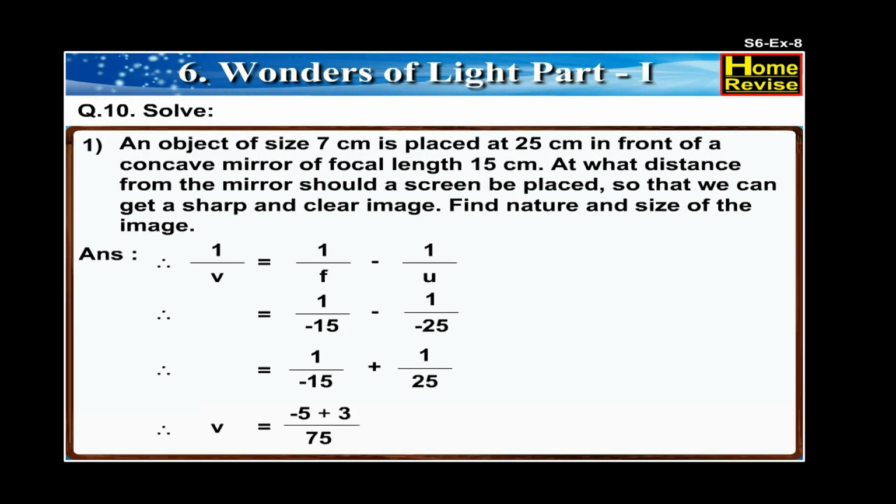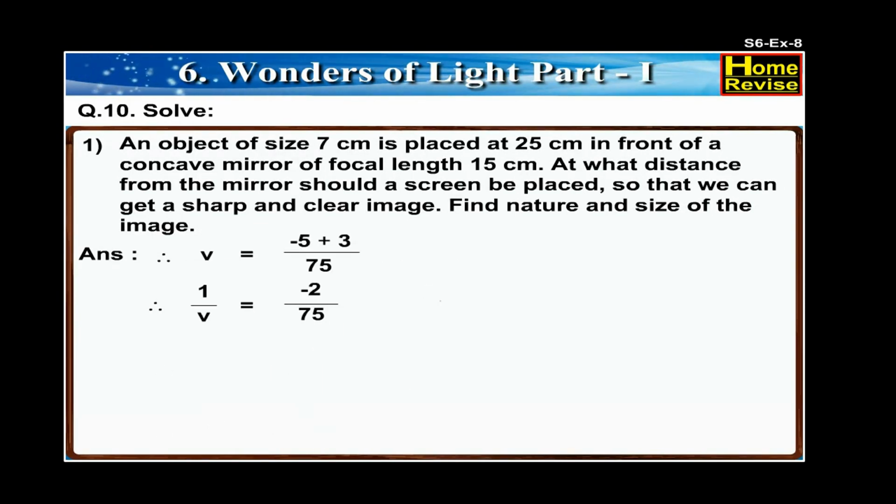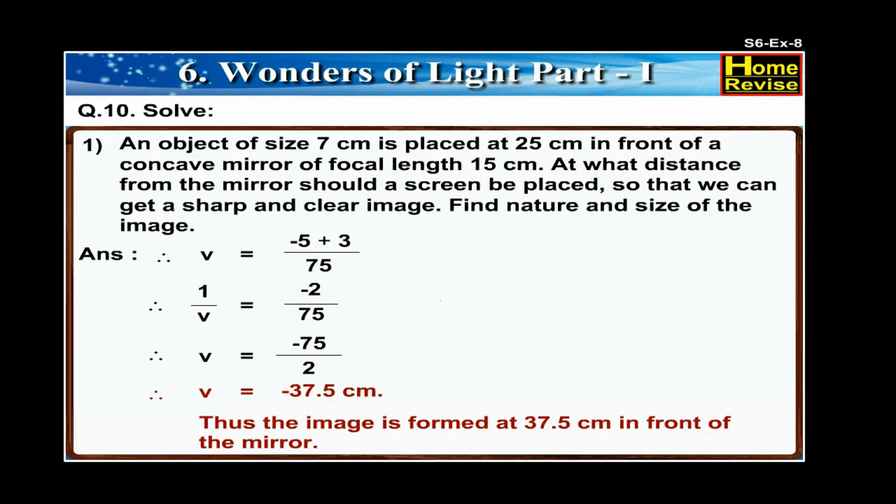Further, minus 5 plus 3 upon 75. Therefore, 1 upon V is equal to minus 2 upon 75. Therefore, V is equal to minus 75 upon 2. So, V, the image distance, is equal to minus 37.5 centimeters. Thus, the image is formed at 37.5 centimeters in front of the mirror.